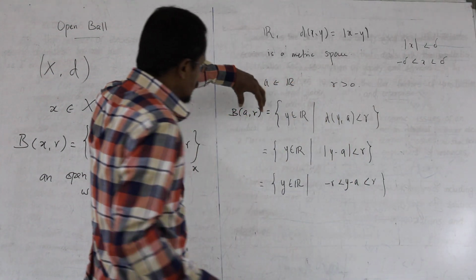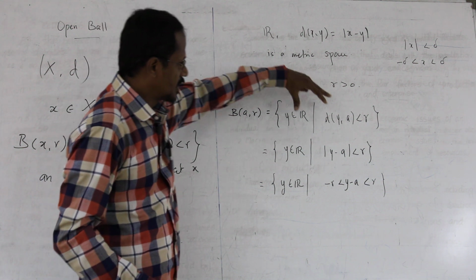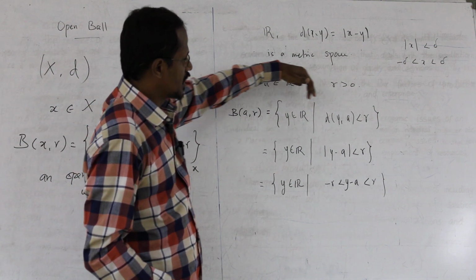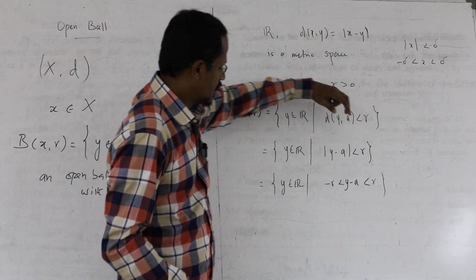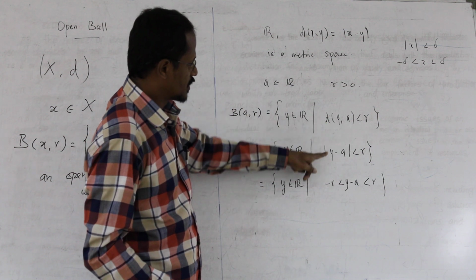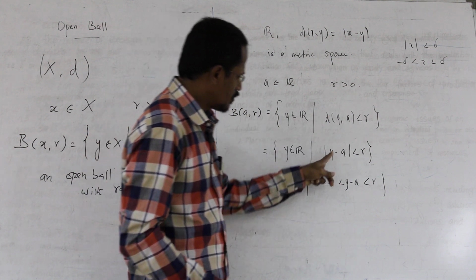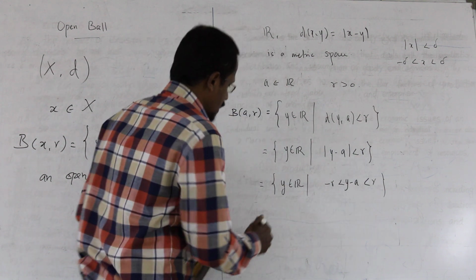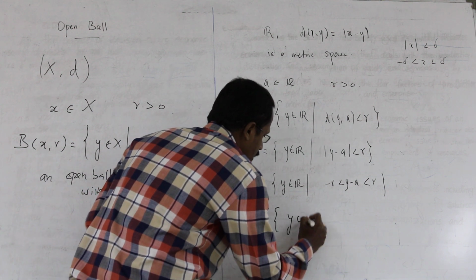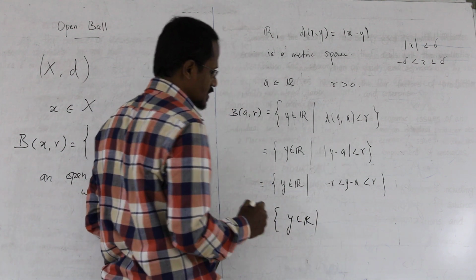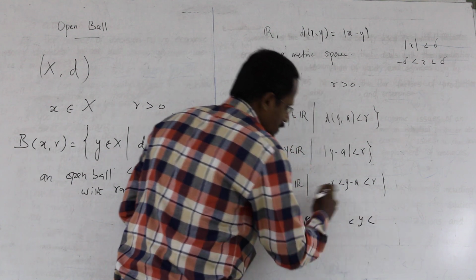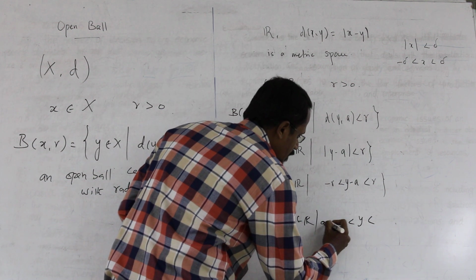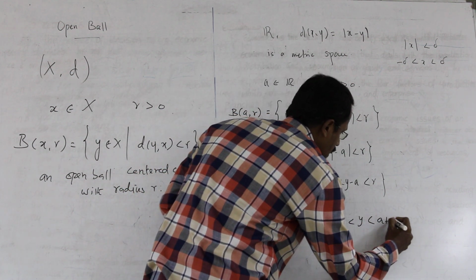So we need this set B(a, r). For that we write what it is by definition. Those points y in R such that d(y, a) is less than r, and we rewrite the statement because d is |y - a|, and |y - a| less than r means that y - a lies between -r and +r. Adding a through this inequality, we get a - r less than y less than a + r.